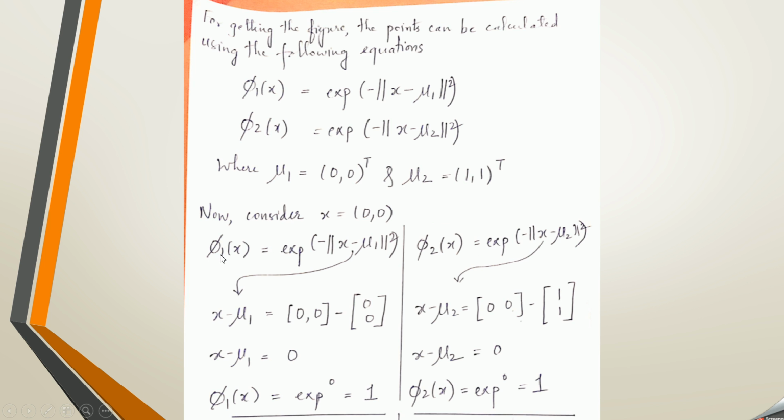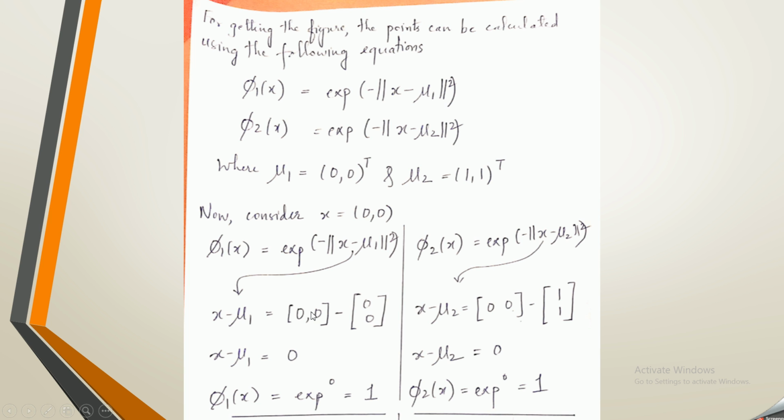So what are we doing? Phi 1 of x is exponent of minus double bars x minus mu1 squared. So how do we calculate x minus mu1? We know x is our input, so it is 0, 0. And mu1, we are considering the transpose of it, so what was column wise we now write row wise.